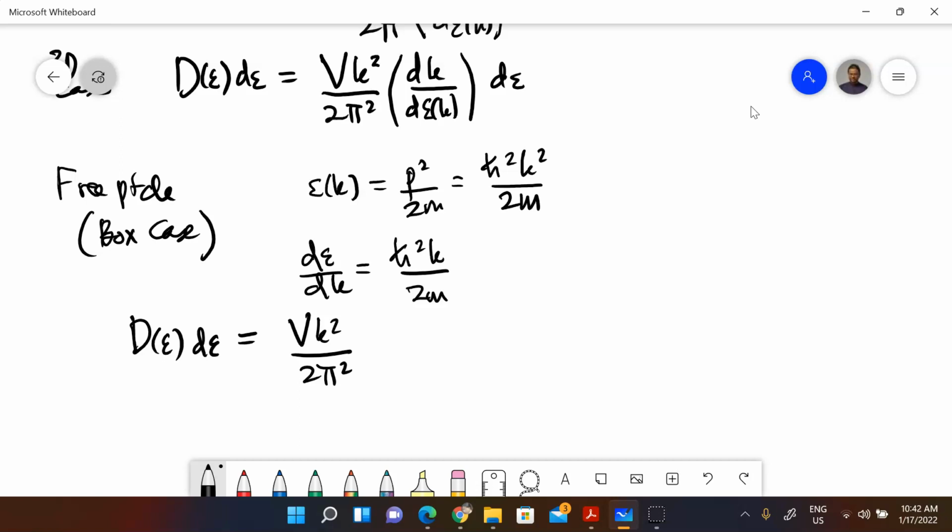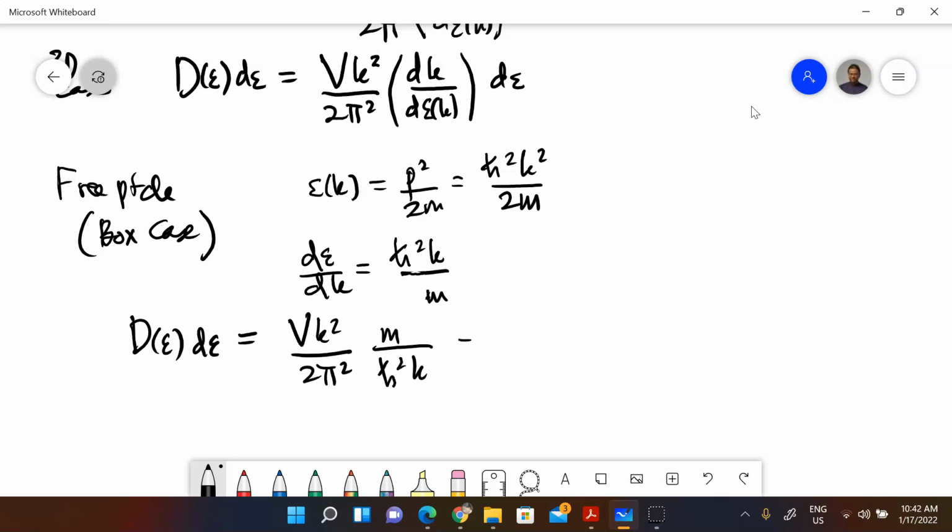Well, we need to take the reciprocal because it's inverted there, so that will give you 2m, sorry, this is wrong, let me erase that factor of 2 there. Remember, when you take the differentiation, you have another factor of 2 that cancels off that factor of 2. So this will be m over h bar squared k.